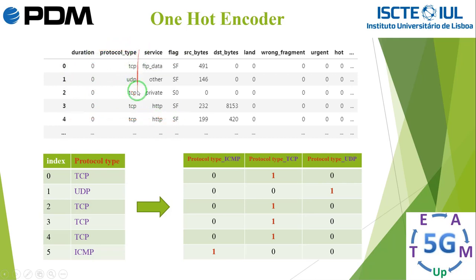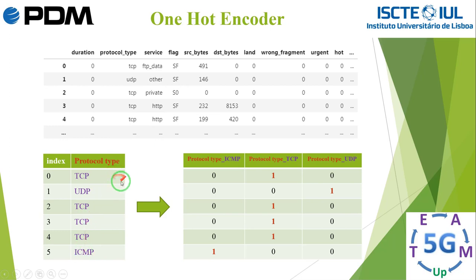In this example, we only want to convert the protocol type to numerical. The value for the first sample is TCP, for the second one is UDP, then TCP, TCP, and TCP for the rest, and for the next one it is ICMP.